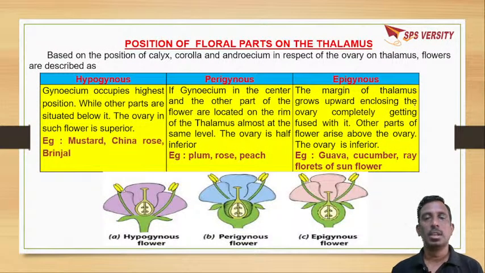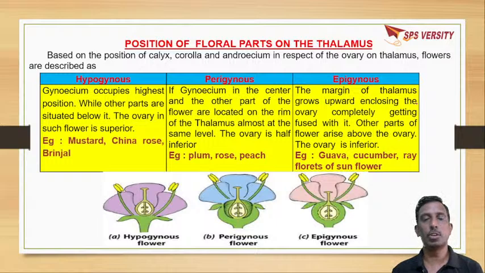So till now we discussed inflorescence types, the flower parts, the symmetry, and the number of floral appendages. Now we are going to discuss the position of floral parts on the thalamus, how these sepals, petals, stamens and carpels are arranged.